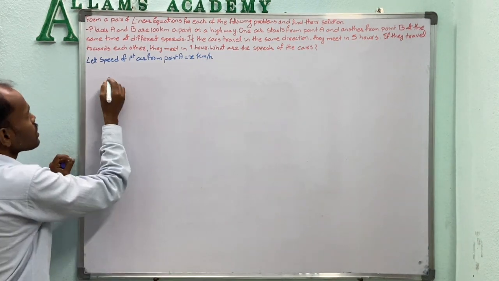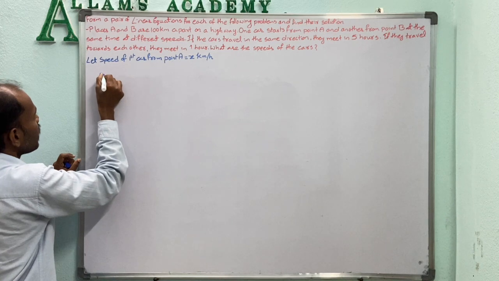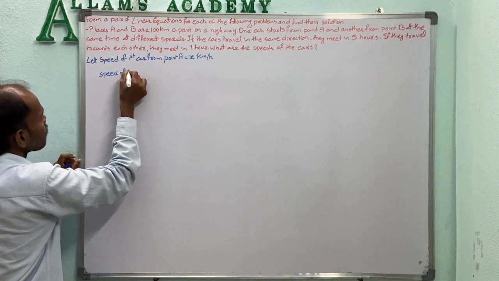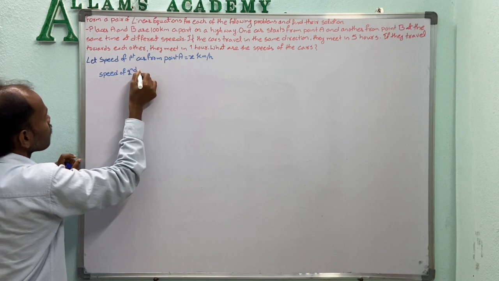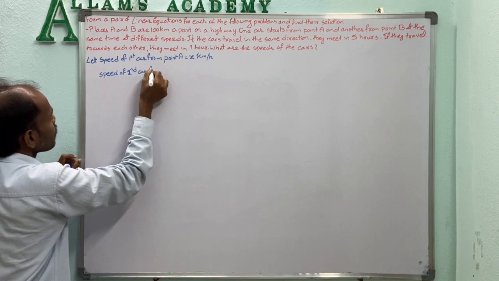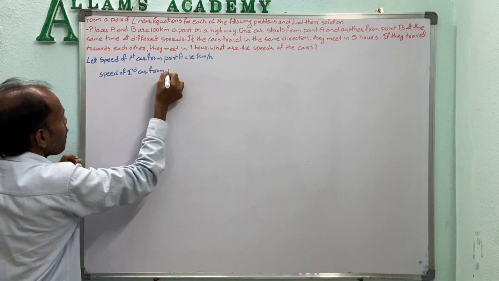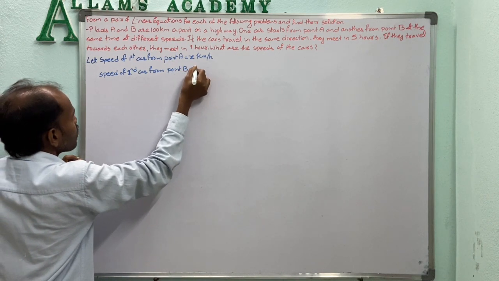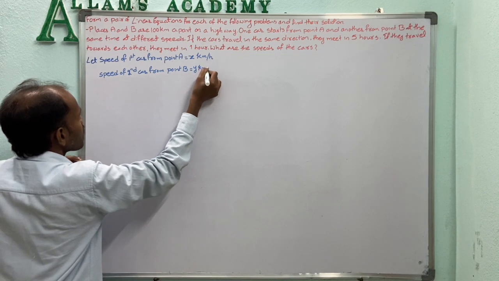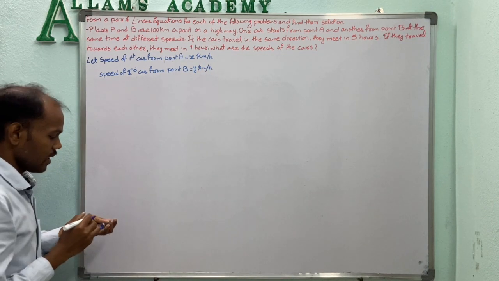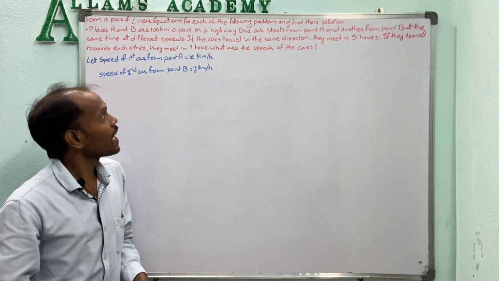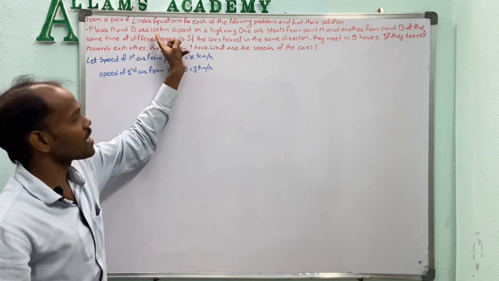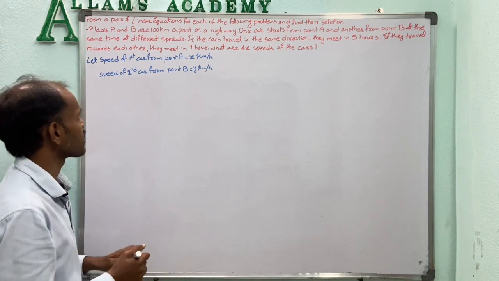Next, the speed of the second car from point B equals y kilometers per hour, that is given. And here the distance between both points is 100 kilometers.